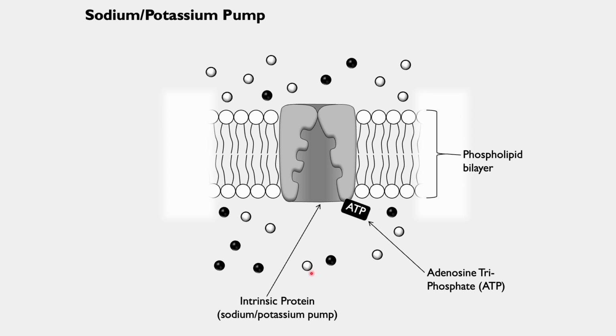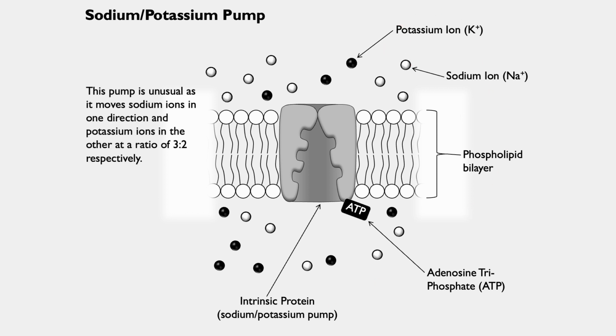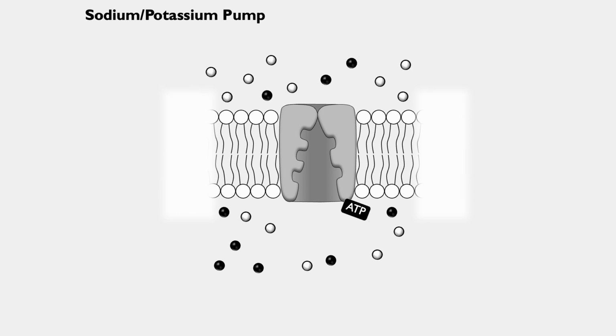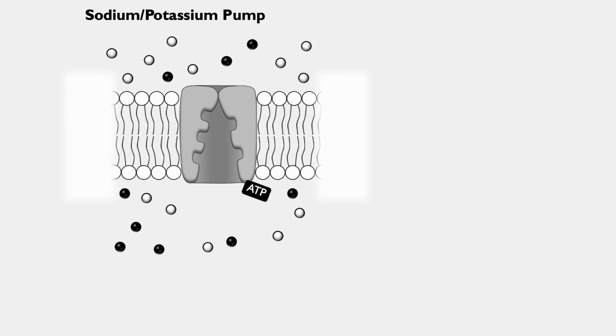Here's adenosine triphosphate, the key energy source, and our potassium ions are shown here in black, whereas our sodium ions are shown here in white. You can label this on your worksheet. This pump will move sodium ions in one direction and potassium ions in the other in a 3:2 ratio. So let's go through each step.